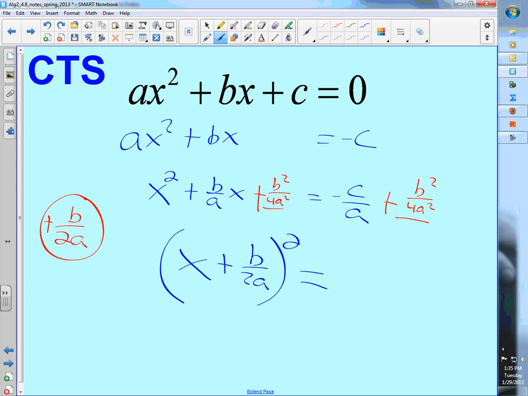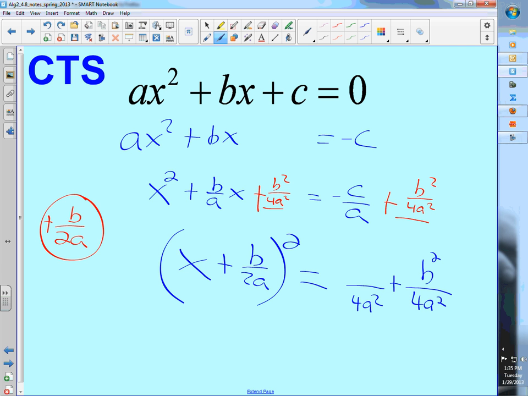On the right-hand side, we have a problem. We can't really combine these unless we get common denominators. What's the common denominator going to be? 4a squared. So this is going to stay 4a squared, and this will be b squared.